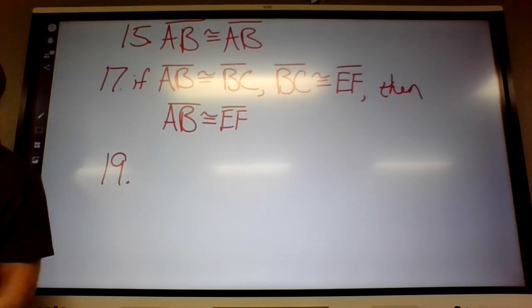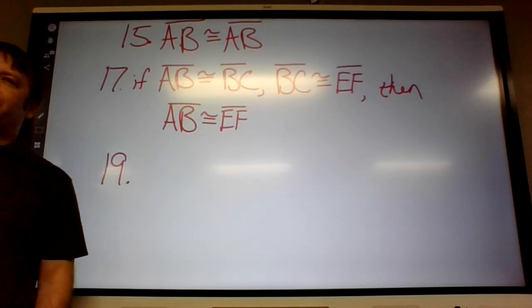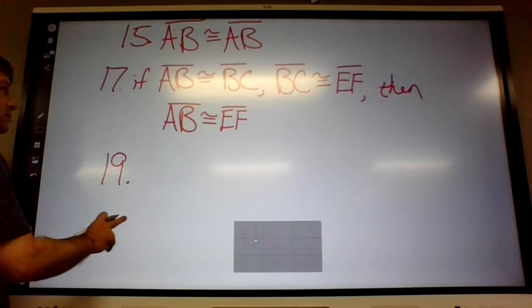On 19, the first line is a blank, but on line 2 it says FH equals PQ because of the symmetric property. Do you remember what the symmetric property was? It's the reverse of that.